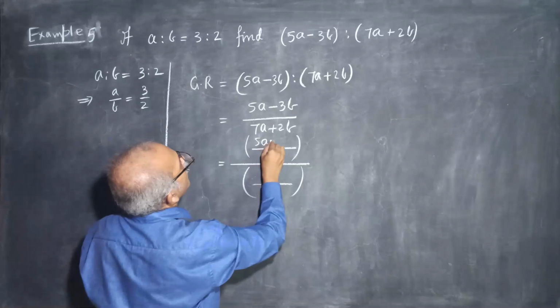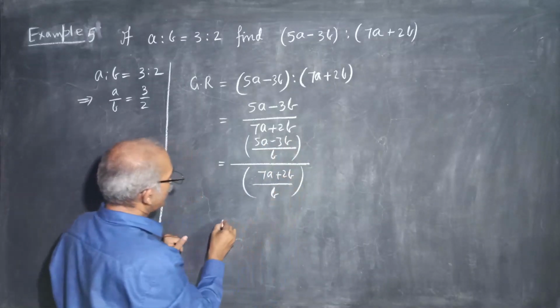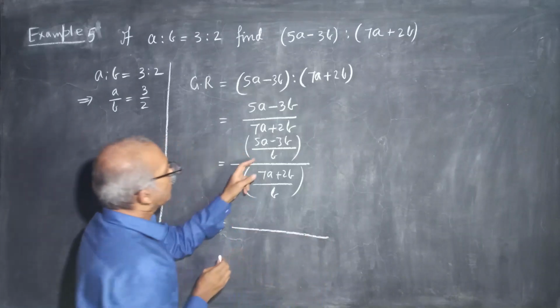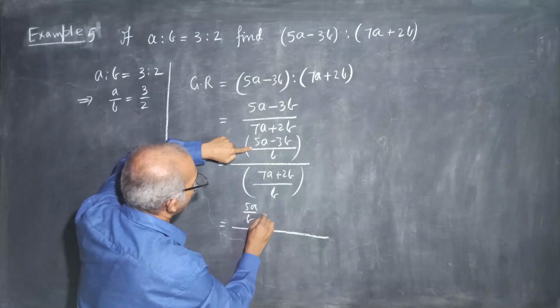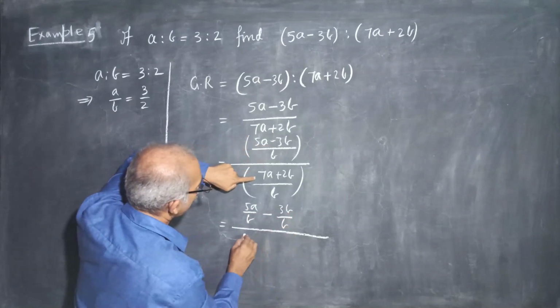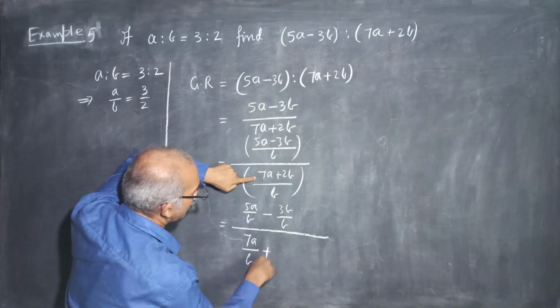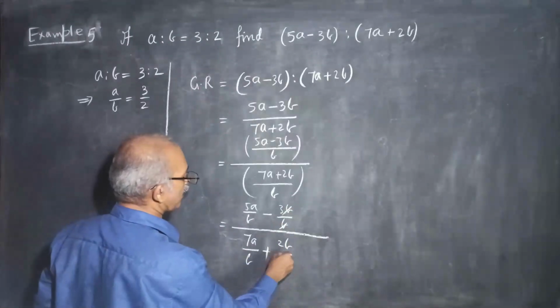So 5A minus 3B, 7A plus 2B. This is equal to, here we shall split: 5A by B minus 3B by B, 7A by B plus 2B by B. Here B gets cancelled.